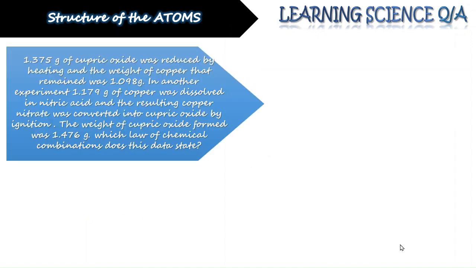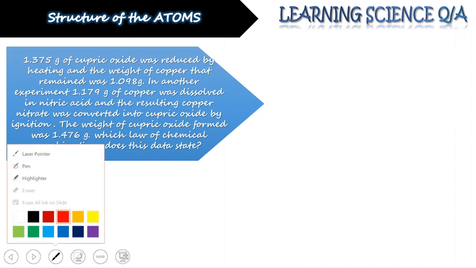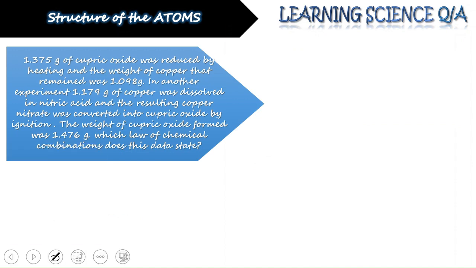We have 1.375 gram of cupric oxide, which was reduced by heating, and the weight of copper which remained was around 1.098 gram. In another method, 1.179 gram of copper was dissolved in nitric acid, and the resulting copper nitrate was converted into cupric oxide by ignition.